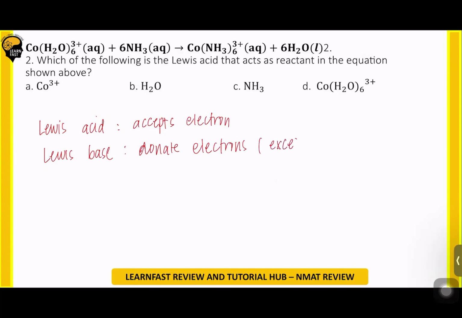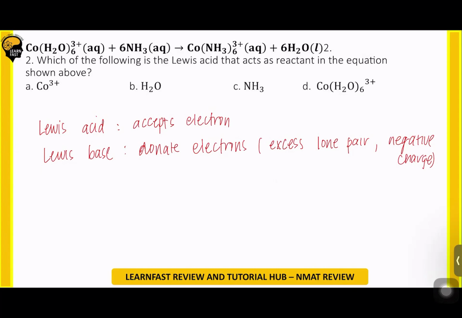Of course, when we talk about a Lewis base, because they can donate electrons, either they have an excess lone pair and/or they have a negative charge. Since electrons are negatively charged, for Lewis acids, most of them are electron deficient.